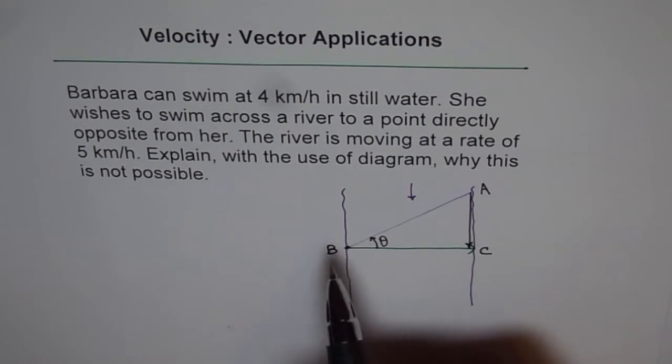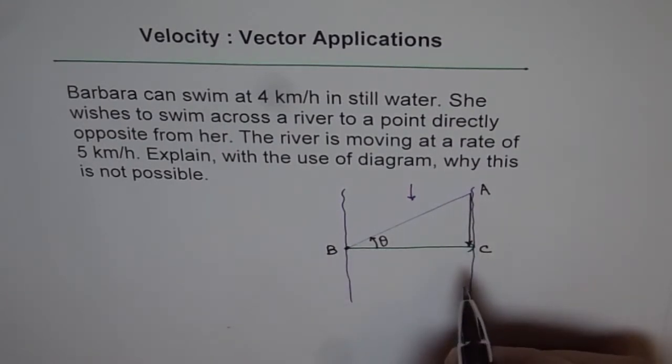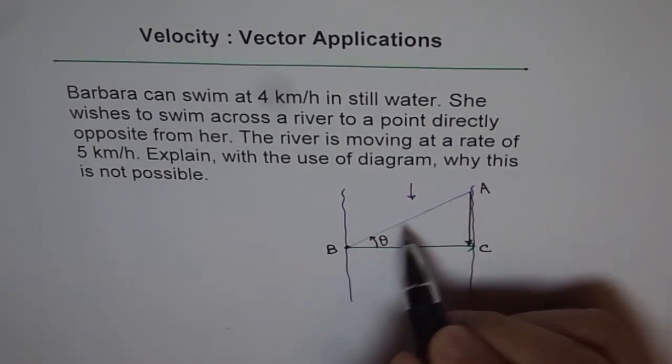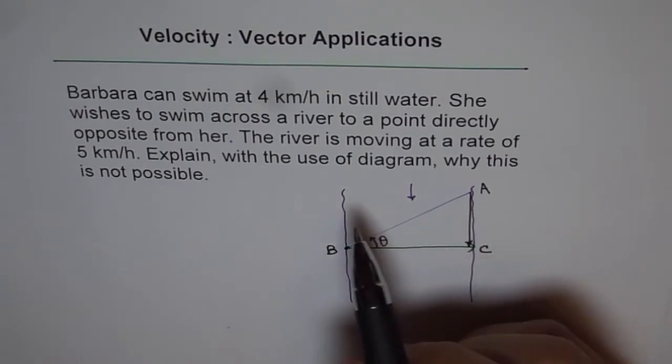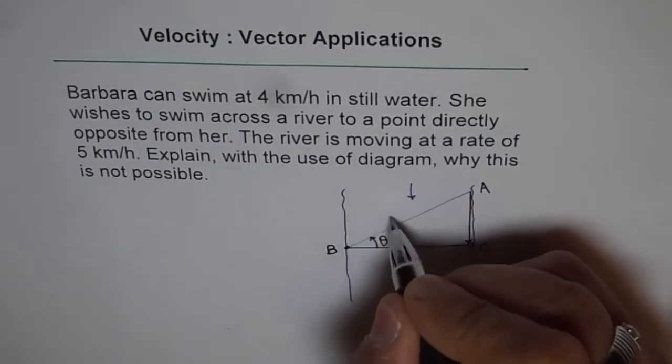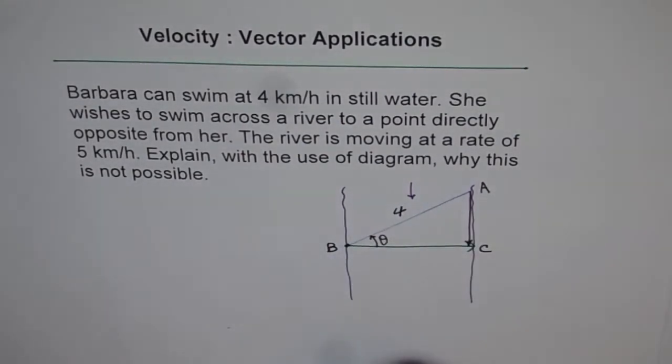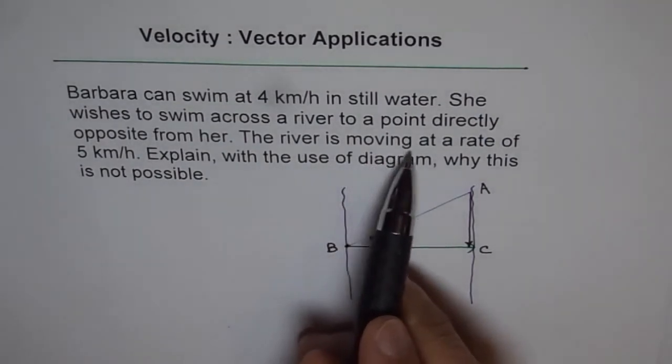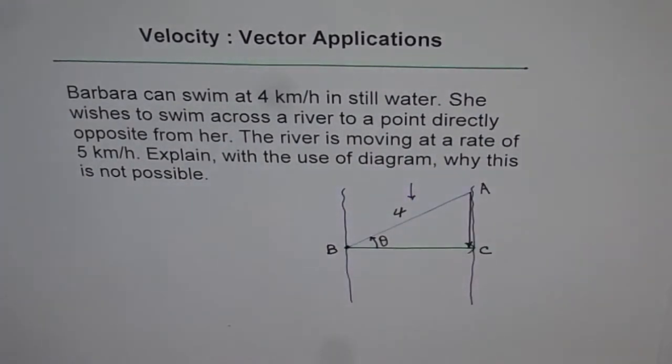If we make a vector diagram for velocity, then BA represents the velocity of Barbara, which is 4 kilometers an hour. So let me just write 4 units here. And the river is moving at a rate of 5 kilometers an hour.